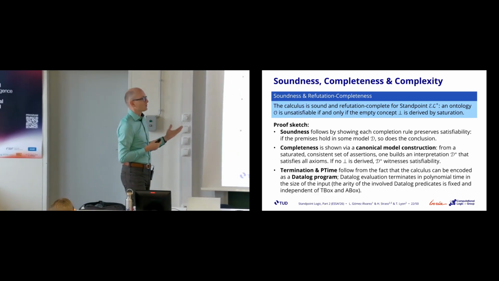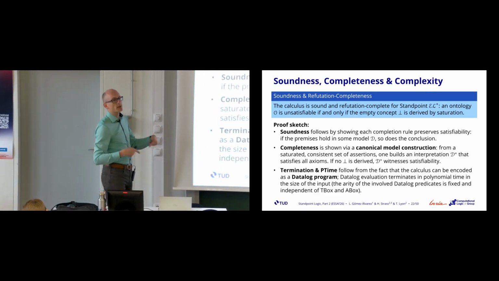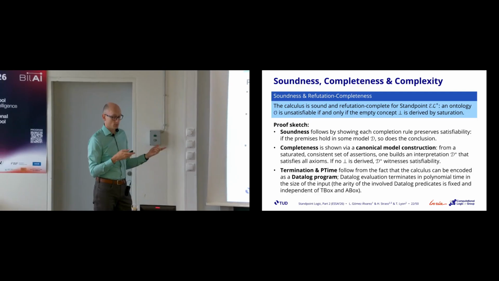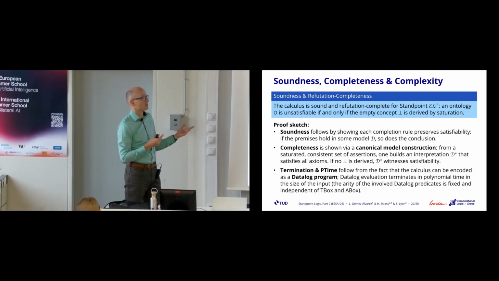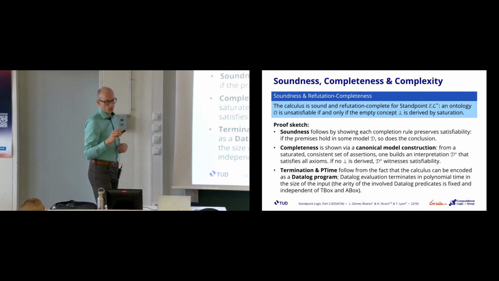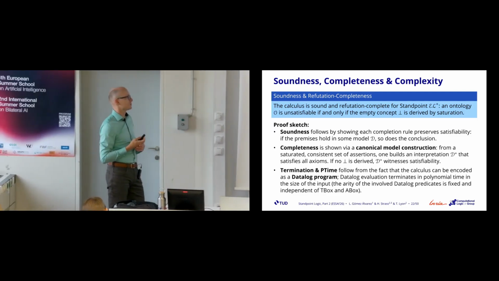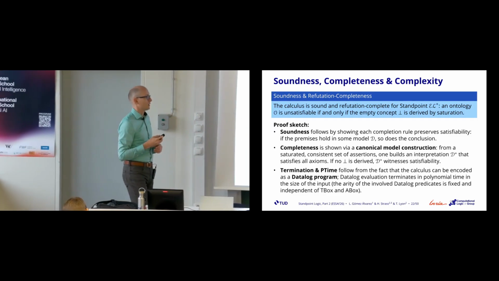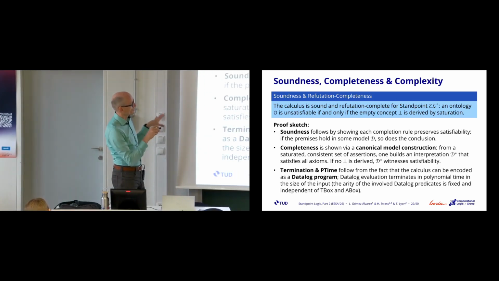The idea there is we use the information that none of the rules is applicable, and we have no obvious contradiction, to construct this canonical model. This is not necessarily easy to construct, but it can be done. So that shows soundness and completeness.